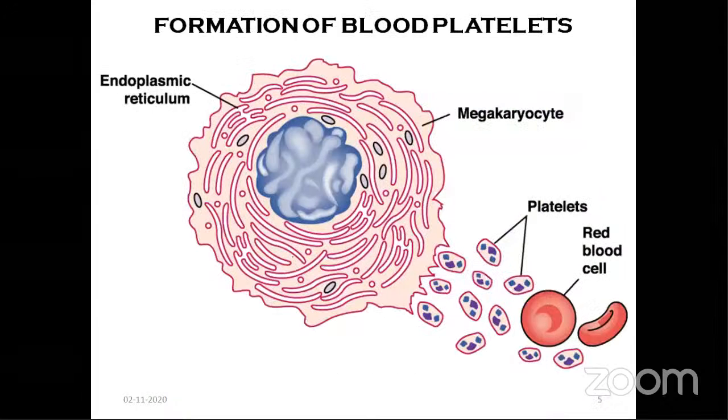So here is a beautiful cartoon where you can see that they have a lot of ER, endoplasmic reticulum. These are the very large megakaryocytes or giant cells, and these giant cells have a lot of ER.